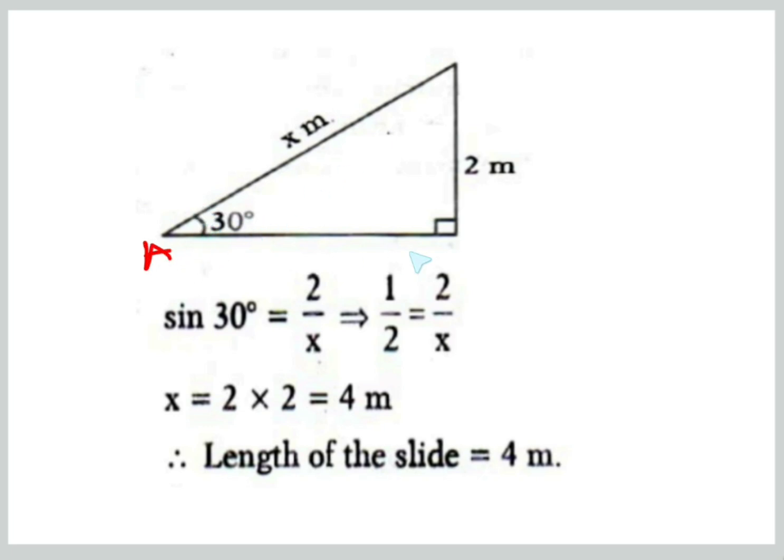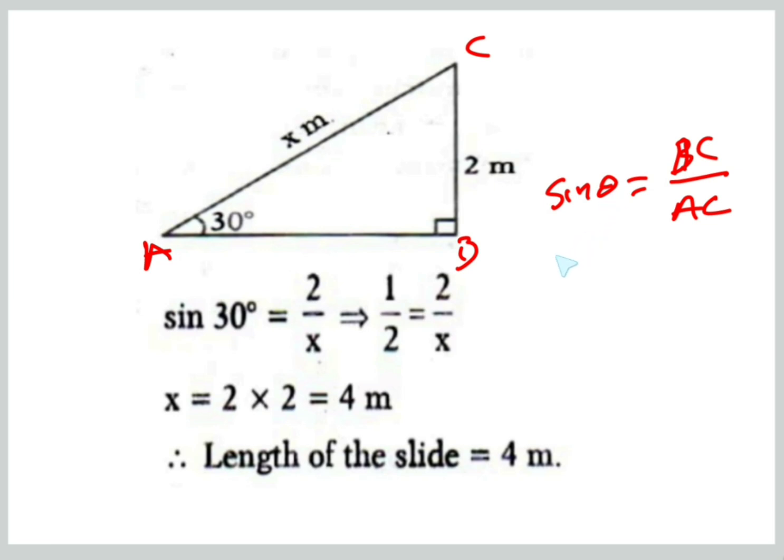In triangle ABC we also know the relation between hypotenuse and opposite side is sin theta or cosec theta. Sin theta is equal to opposite side by hypotenuse, that is BC by AC.